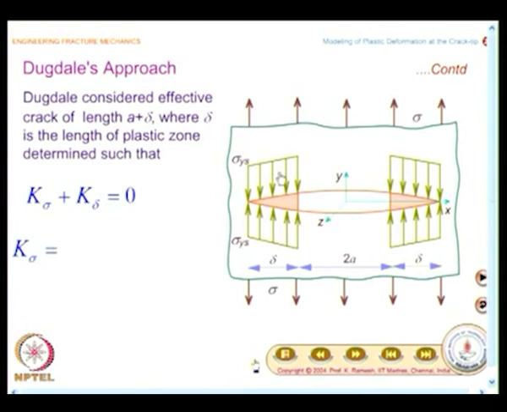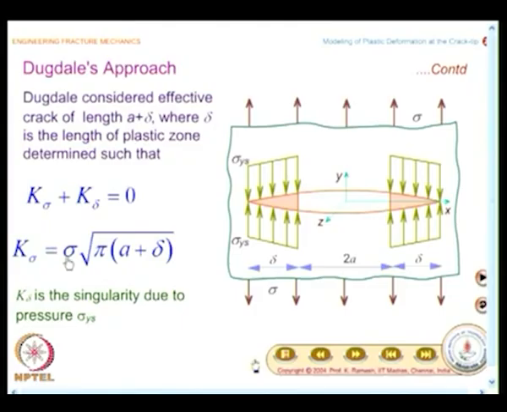This will also introduce stress singularity, and we have to find out the length delta in such a fashion the summation of these two goes to 0. And what is K sigma? K sigma is sigma square root of pi into a plus delta.